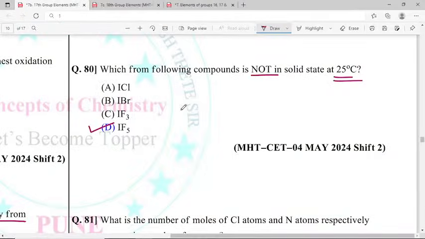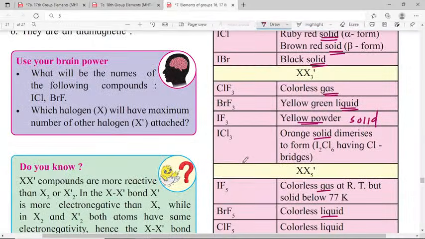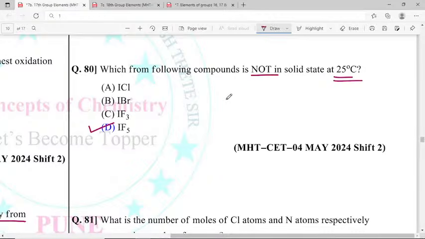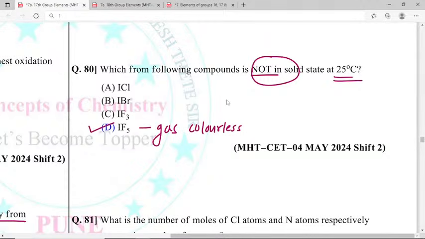So IF5 is a colorless gas, so this is not a solid. Okay, get it? Please note the colors.